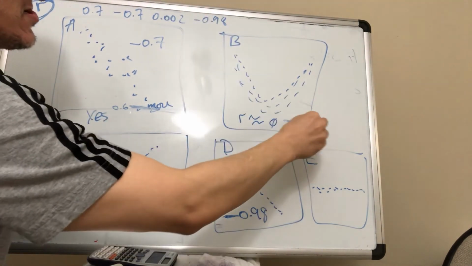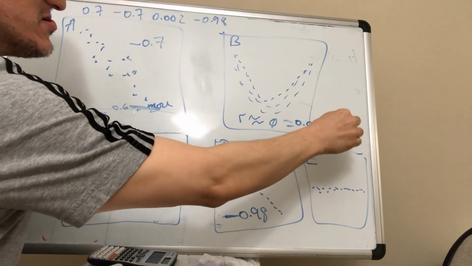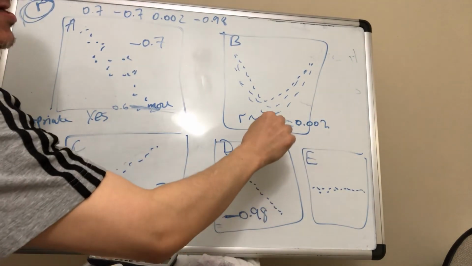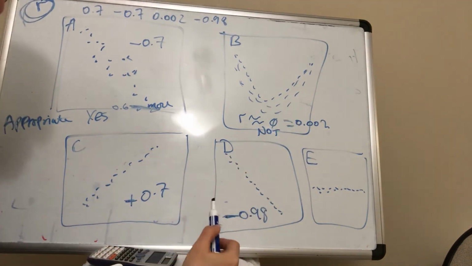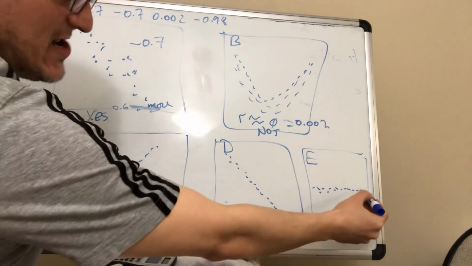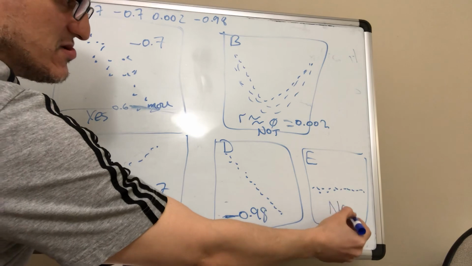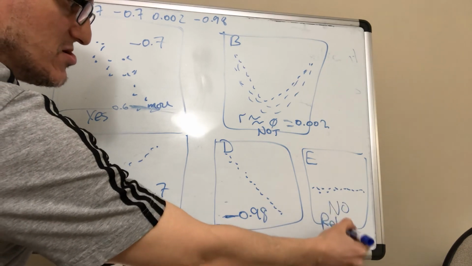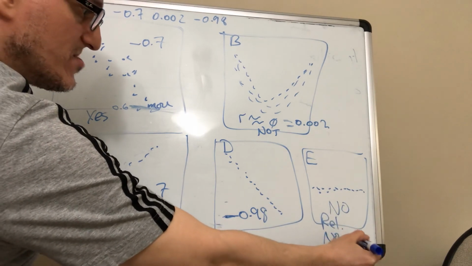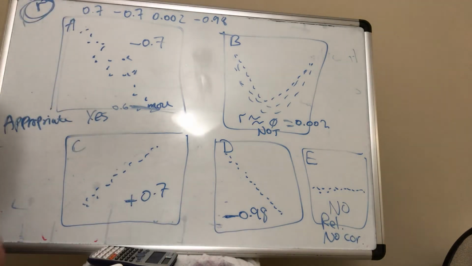And the closest of them to 0 would be 0.002. And that would not be appropriate in this case. When you have them on a horizontal line like this, that means there is no relation. There is no R, no correlation in this case. So obviously no correlation would be not appropriate.